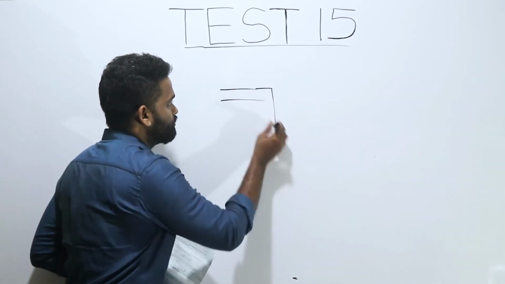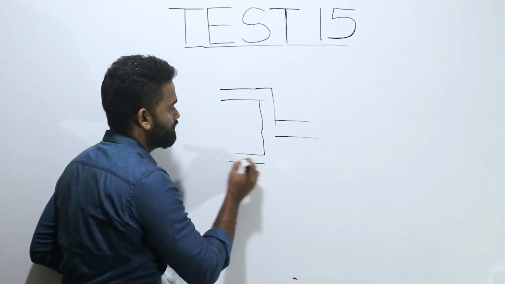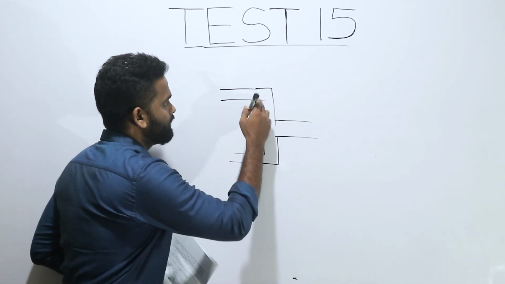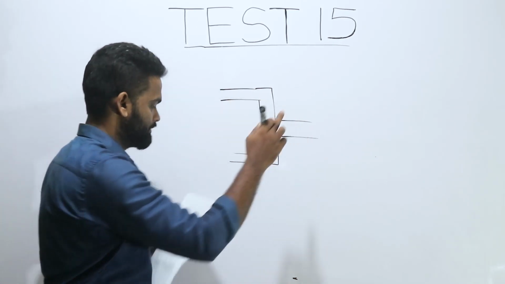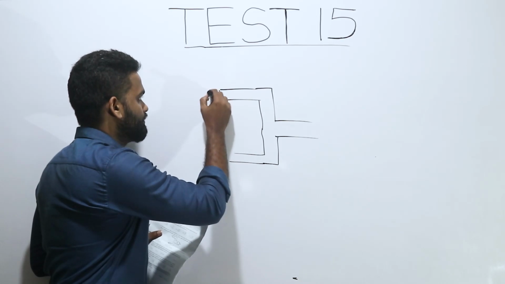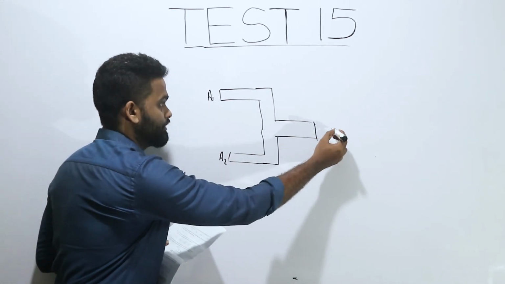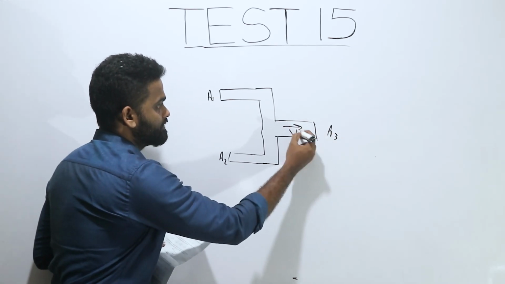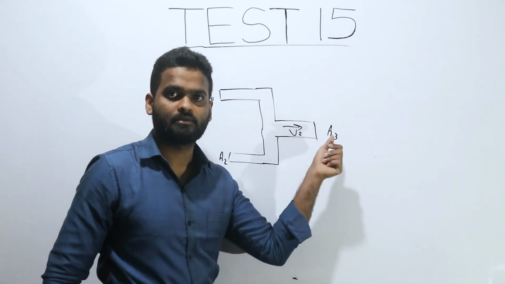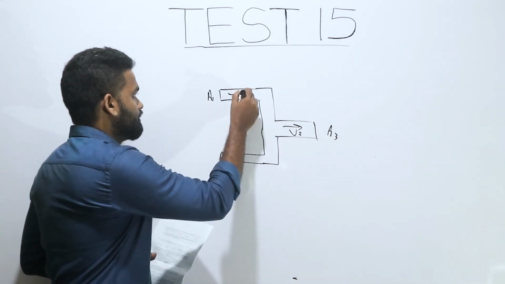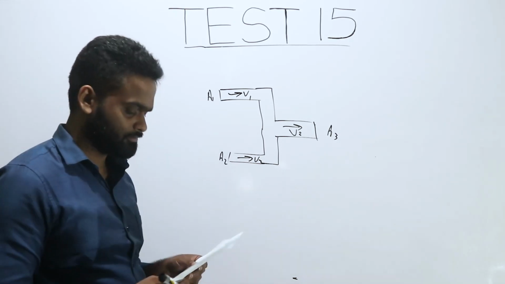We have 2 pipes, and those 2 pipes provide liquid to this third pipe. The cross sections are A1, A2, and A3 here. What they ask is the velocity of the fluid through pipe 3.